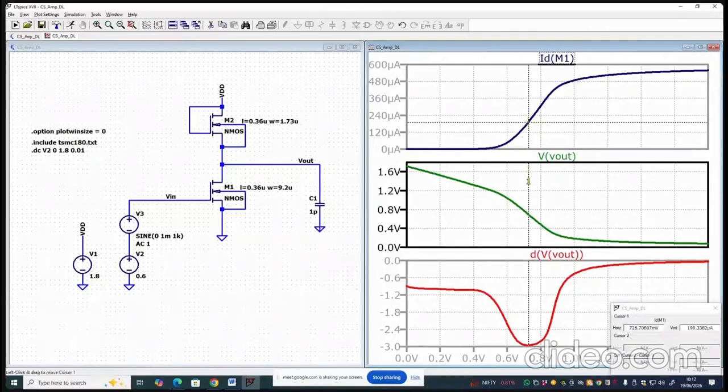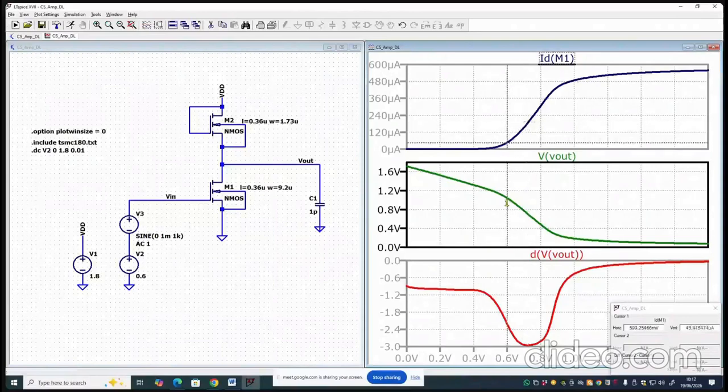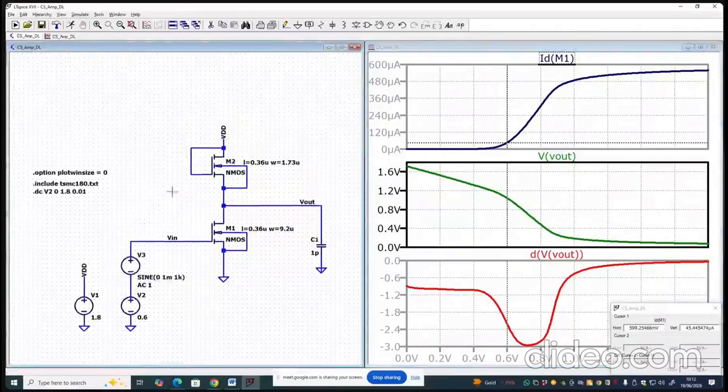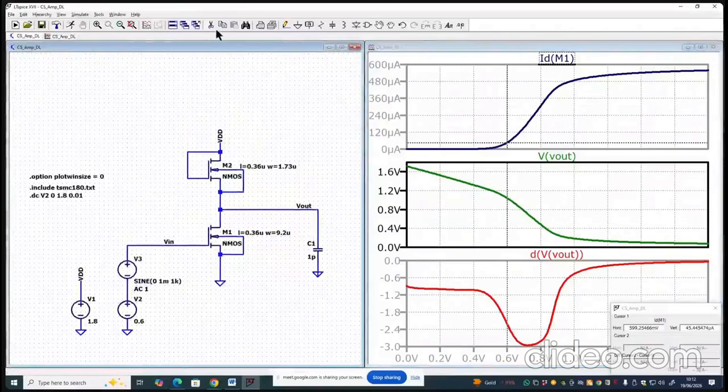So what shall we do? Increase output resistance. क्या कह रहे हैं आप?